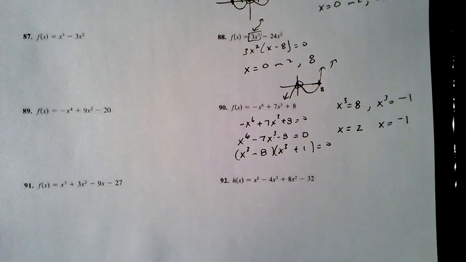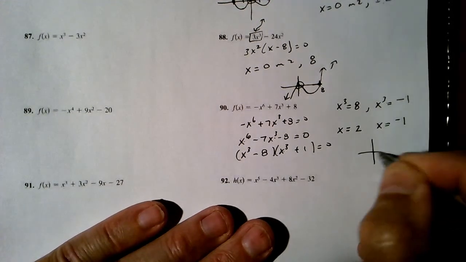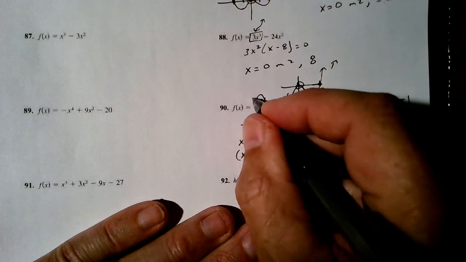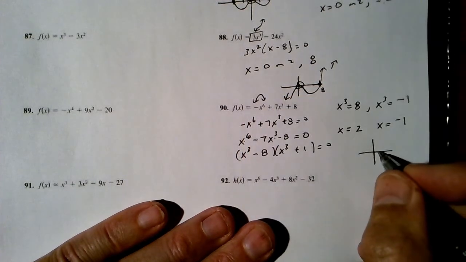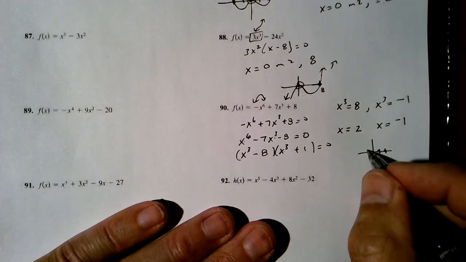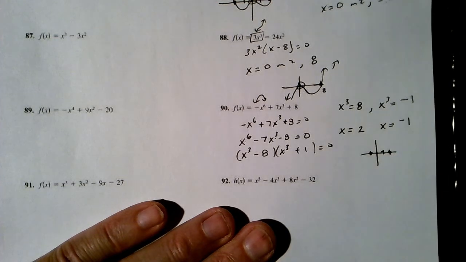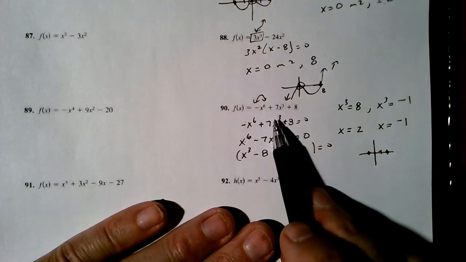Okay, and you can go ahead and sketch the graph of the function. So let's see. Eventually this graph wants to go down. There's a 0 at 2. There's a 0 at negative 1. And let's take a look.